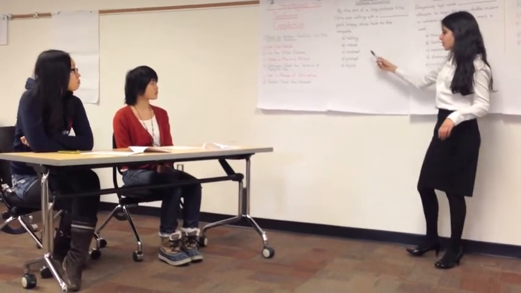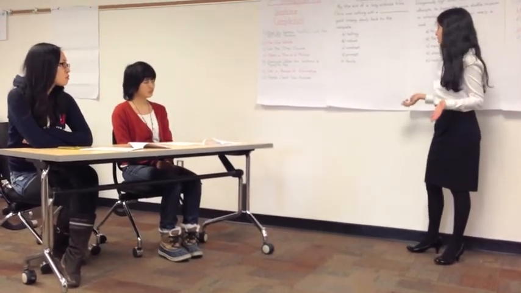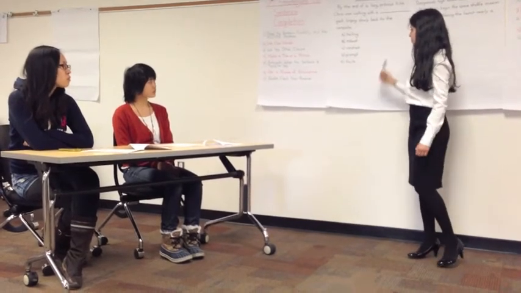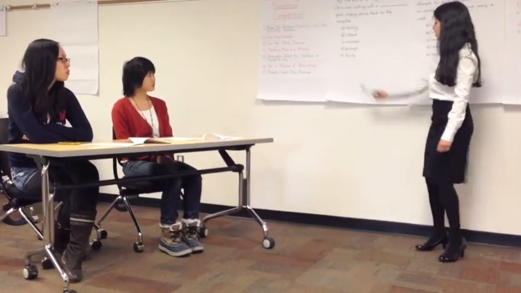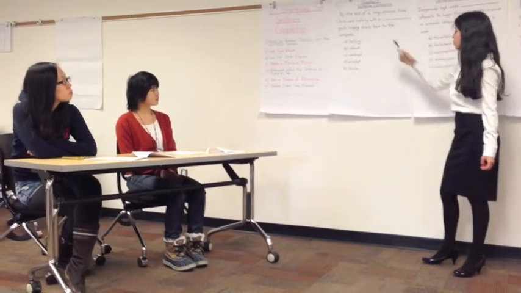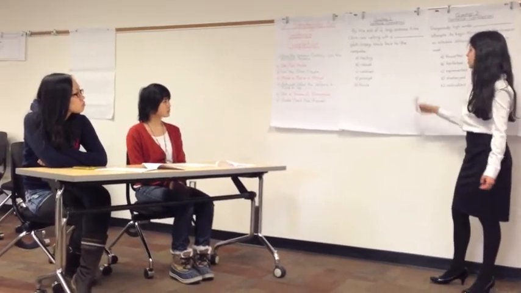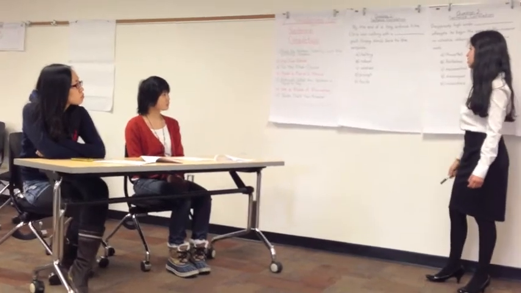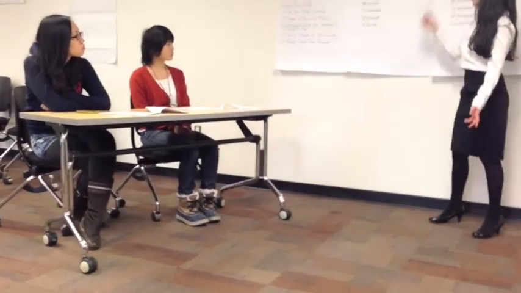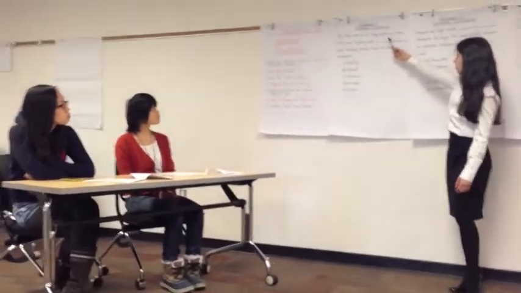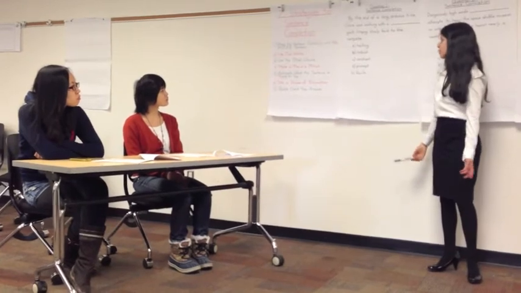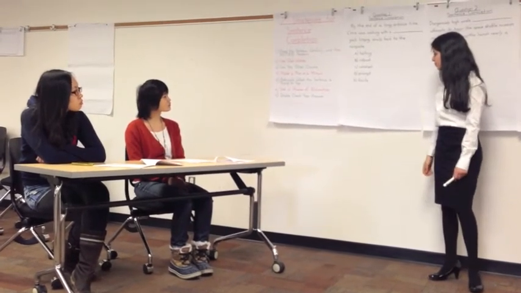C, constant, means at a continual rate over time. D, prompt, means on time and punctual. And E, facile, means very easily. If you know what these words mean, you can cross off ones that absolutely don't fit. For example, E, facile: he wouldn't be walking easily back to the campsite because it was long and difficult and he's limping. So that would not make sense, and you could cross it off.